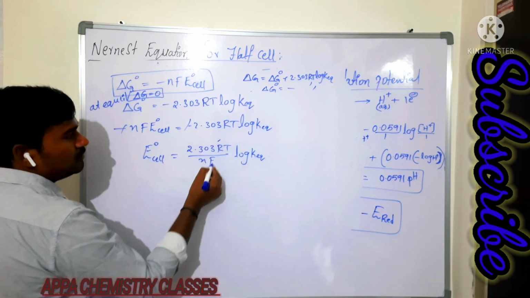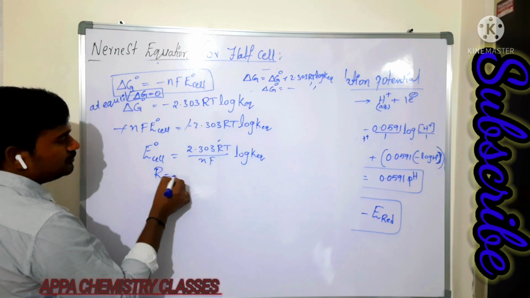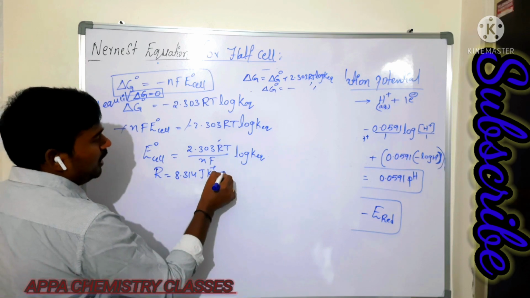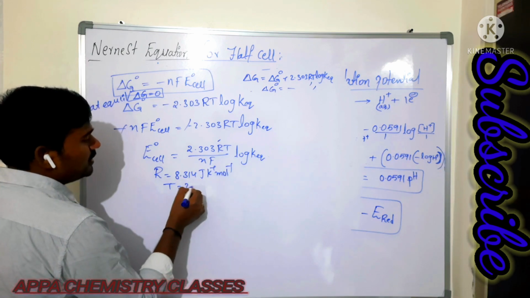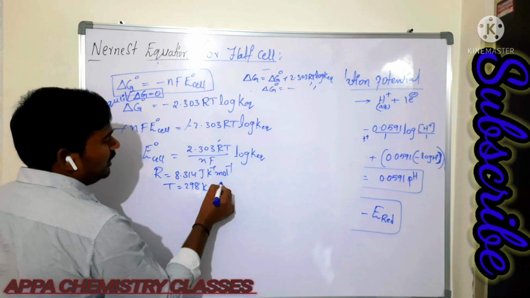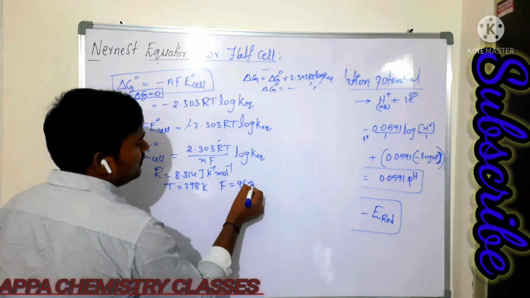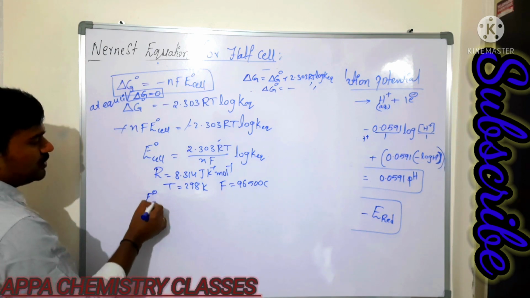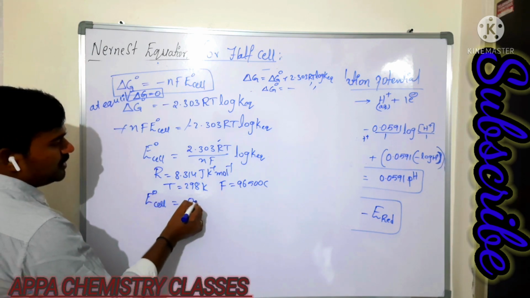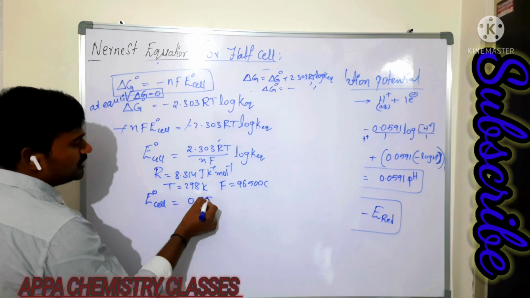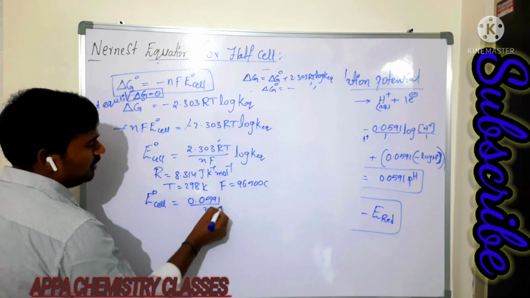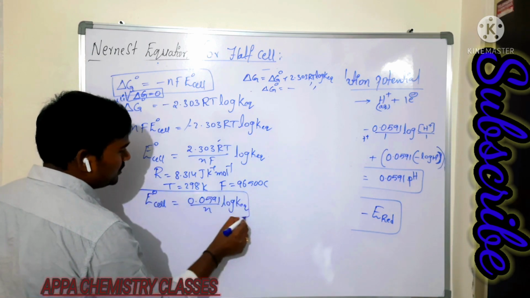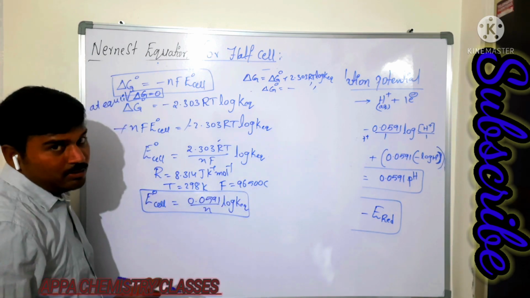So we know that R is 8.314 joules per Kelvin per mole, and T is temperature, that is 298 Kelvin, and F is Faraday constant 96,500 coulomb. n is the number of electrons exchanged. So E naught cell is equal to, by substituting all those values and multiplying, we will get 0.0591 by n log of K equilibrium. This is the relation between electrode potential and equilibrium constant.